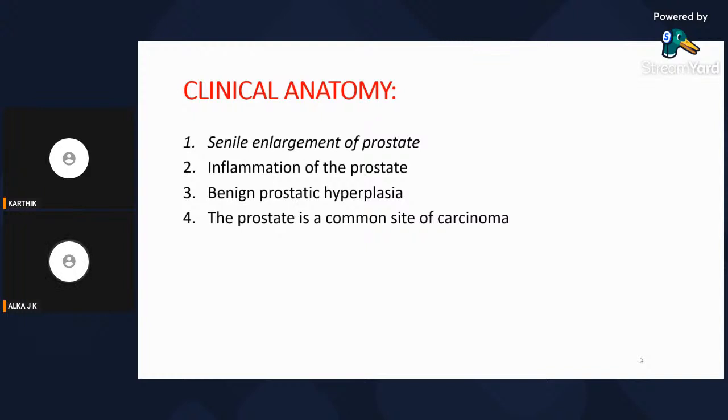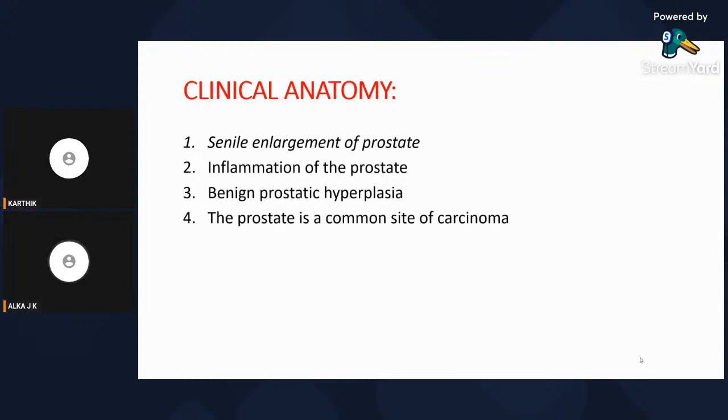The prostate can be removed through the bladder, known as transvesical removal; through the prostatic capsule, that is retropubic; through the perineum and fascia of Denonvilliers, the perineal approach; and through the urethra, which is a common procedure, known as TURP, transurethral resection of the prostate.